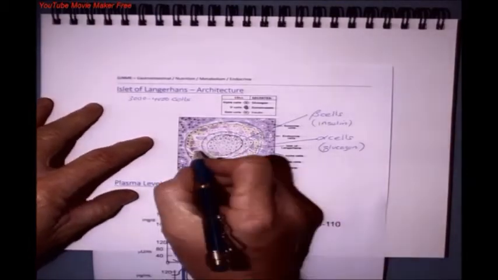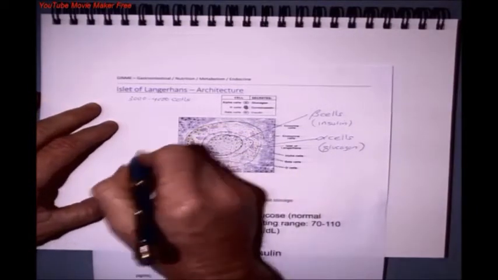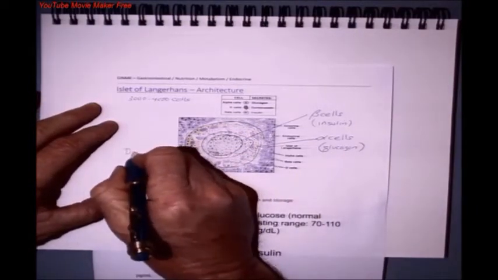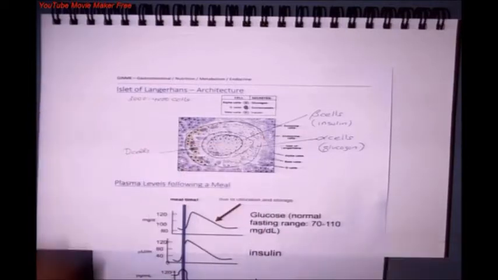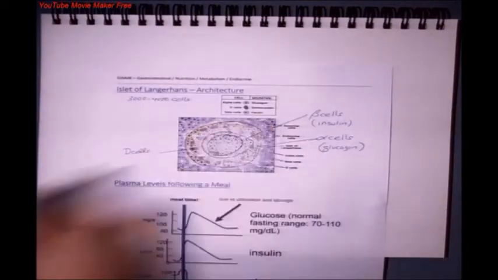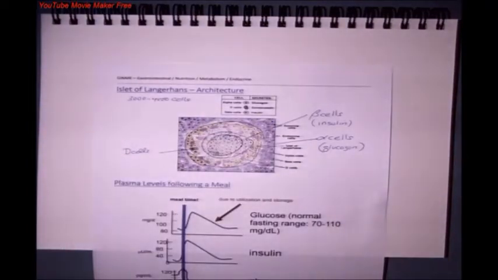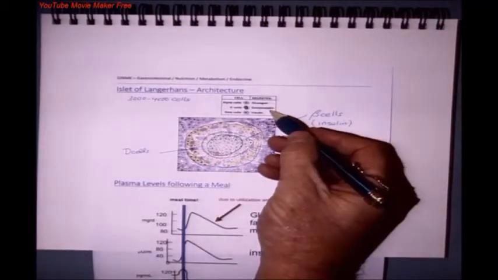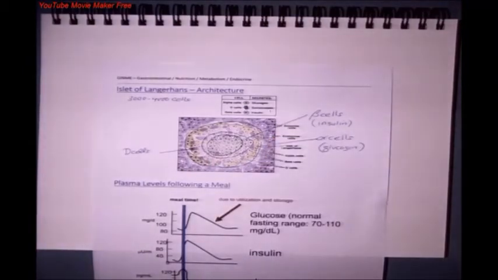Now, also in here are these cells called D cells or delta cells. And these cells, in a similar manner as the ones in the gastric pits, secrete somatostatin. Now, somatostatin, in this context, is not known exactly what it's doing there.